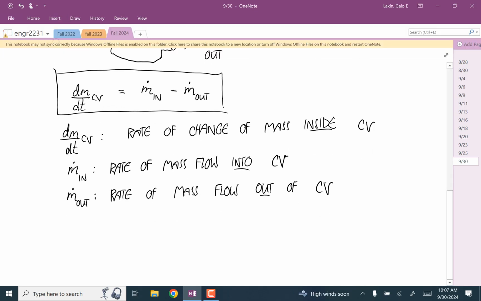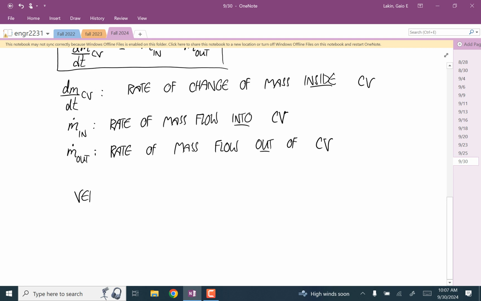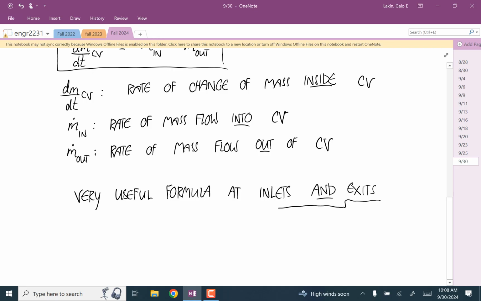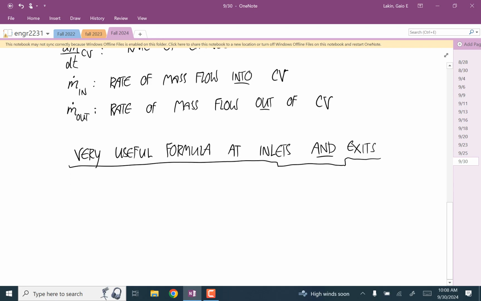One formula that's going to be useful all the time, and this is at inlets where the mass is coming in and exits. The formula is the mass flow rate is equal to the area times the speed of the material going in the inlet or out the exit divided by the specific volume.